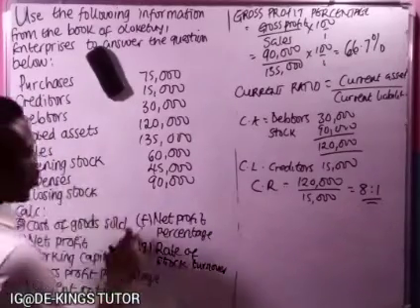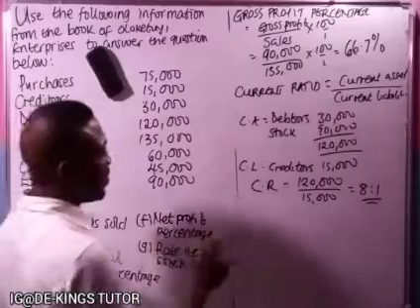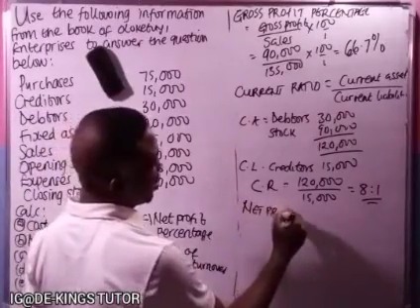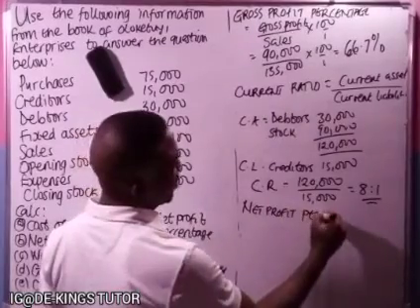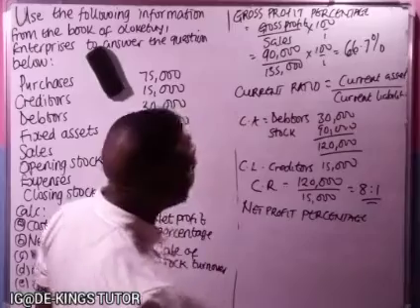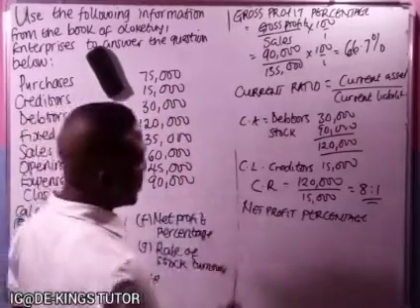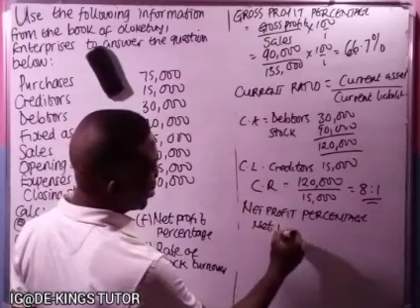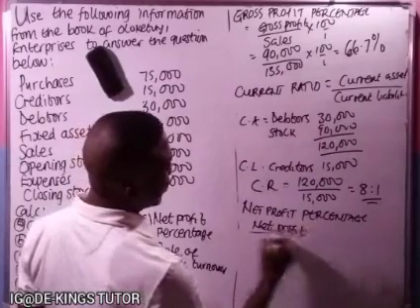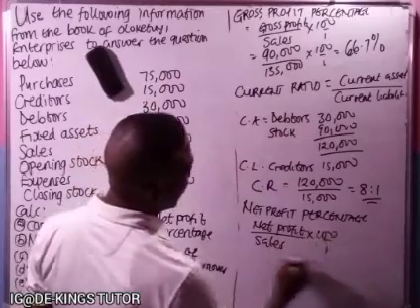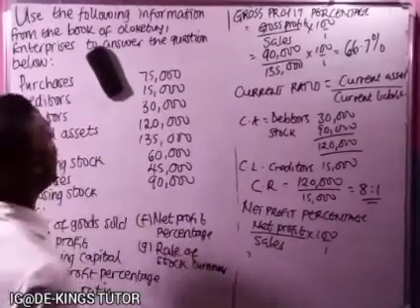Okay. Now the next one, F, it said net profit percentage. Now the net profit percentage is given as the net profit over sales times 100 over 1. Okay, now we have done the net profit.